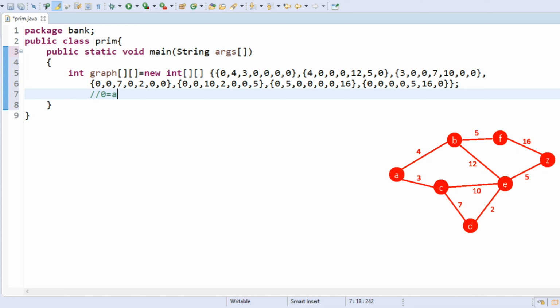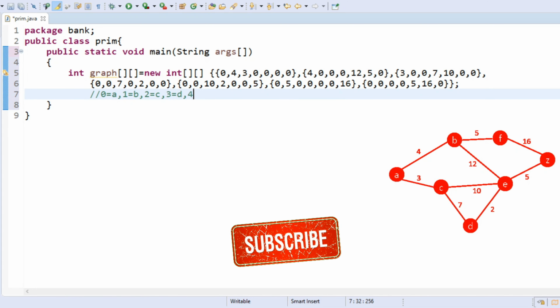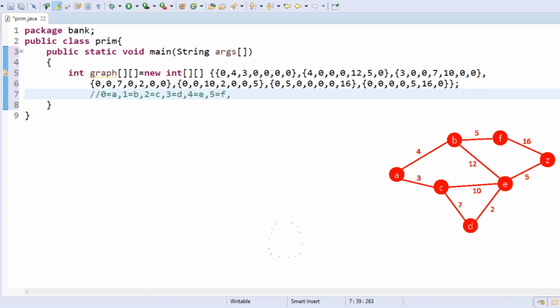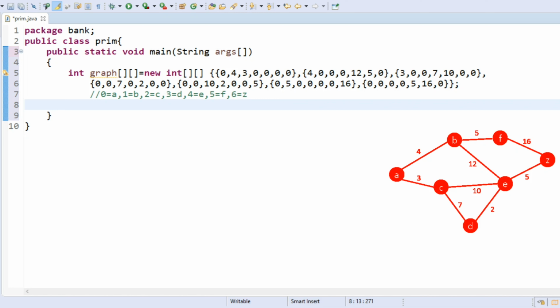Zero equals A, 1 equals B, 2 equals C, 3 equals D, 4 equals E, and finally we have G, that value is 6. The length between A and B is 4, so I represented it as 4. At index 1 I showed the value 4, and at index 2 the edge value 3, and for the remaining edges there is no connection from A, so I put zeros. In this way the connections were made.